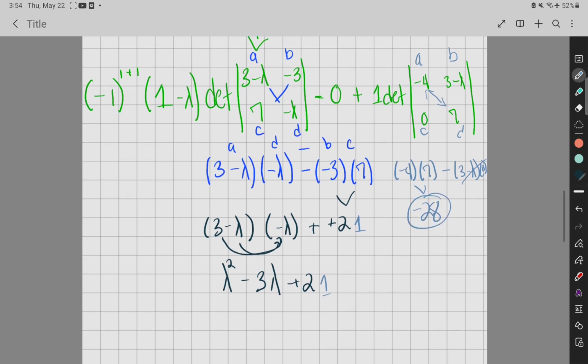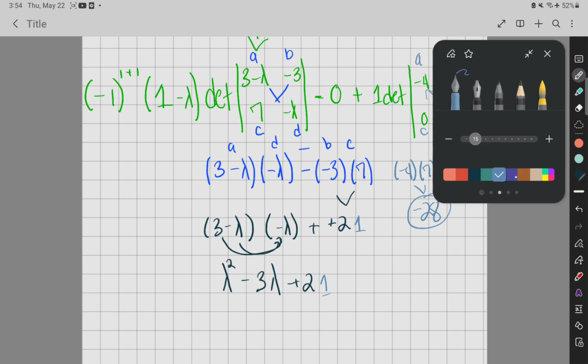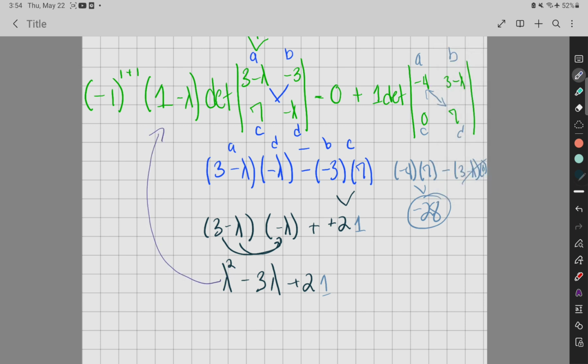So then after that, you're like, okay, what do I do? And this is why I said that you need to make sure that you are bookkeeping like crazy, or keeping everything in mind, okay? So now you found the determinant. Now you have to go back up and figure out what this determinant is being multiplied by.